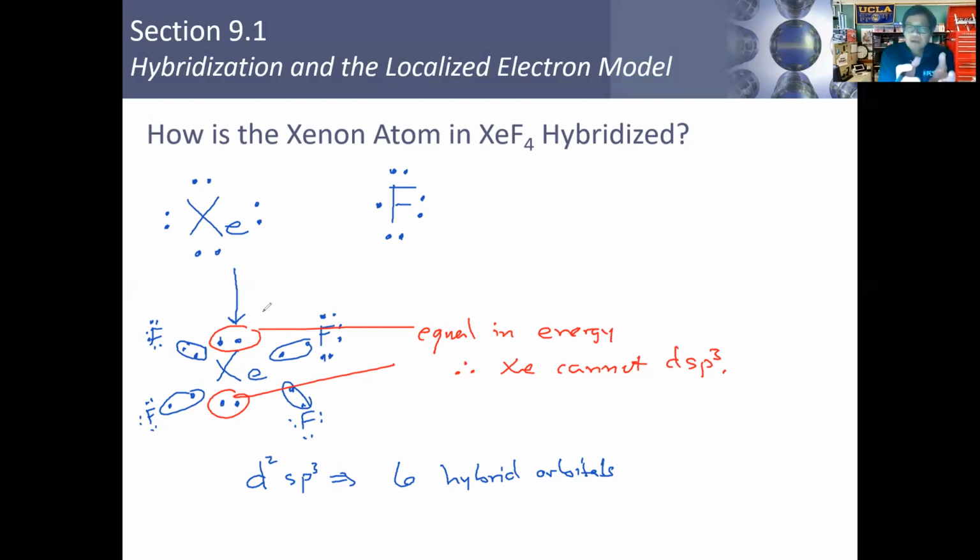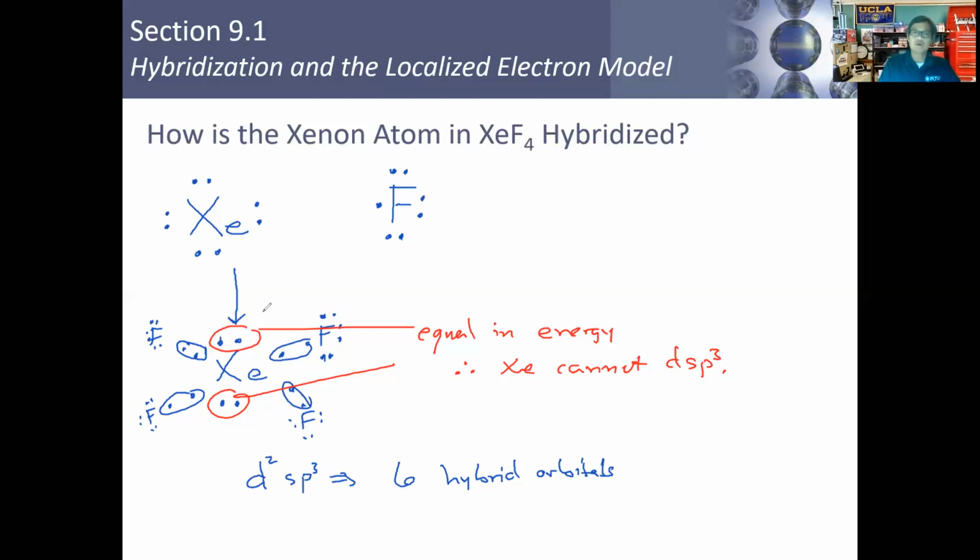So this can't be tetrahedral. The xenon can't be sp3 hybridized because, like I pointed out in the previous slide, sp3 hybridization only gives you 4 degenerate hybrid orbitals. Degeneracy means that these orbitals are all equal in energy, and any electron in those orbitals will also be equal in energy.